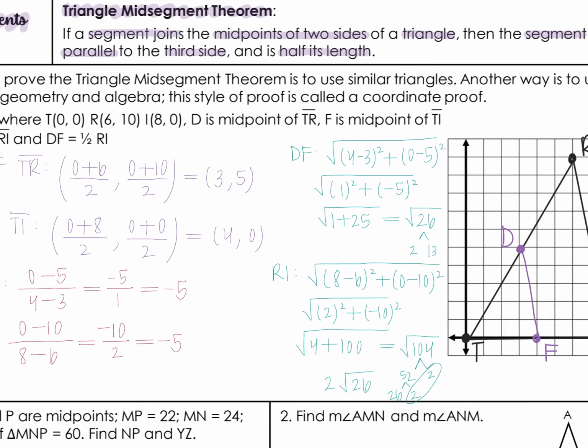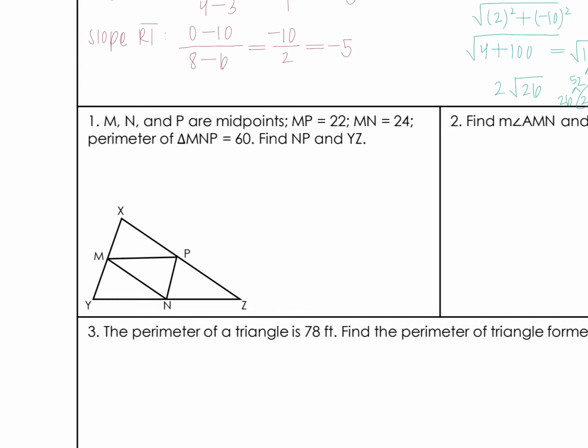All right, now let's actually move into some solving, applying those theorems. So in number 1, we have that M, N, and P are midpoints. Okay, so I'm going to mark it congruent on each side. And that MP is going to be 22.